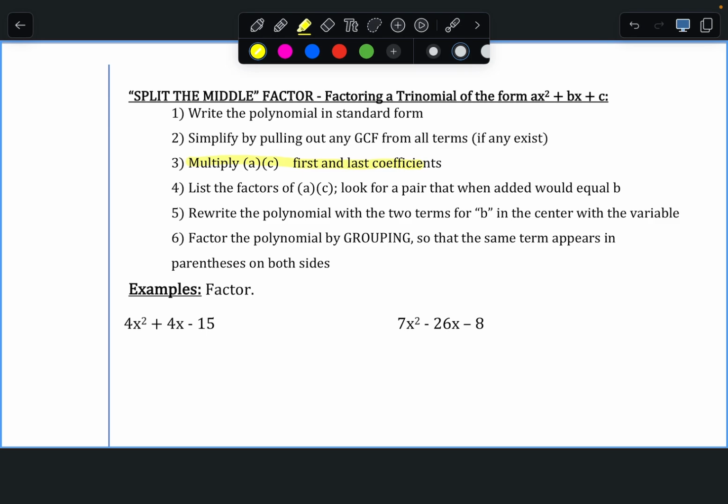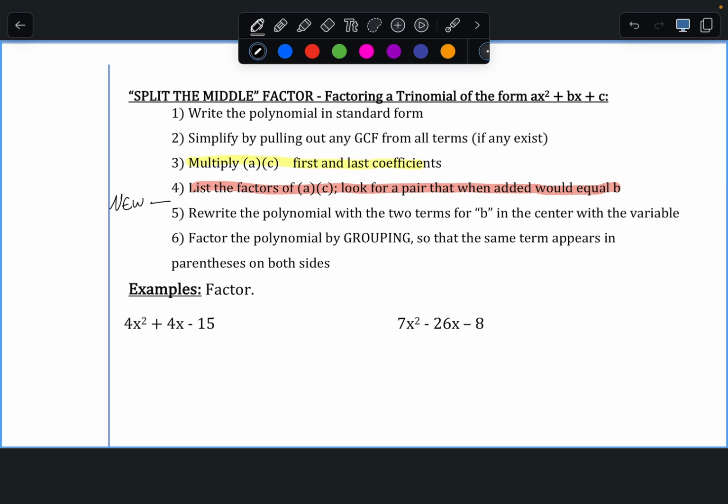And then we're still going to go ahead and set up our diamond here and find those factors of A times C. And finally, at step 5, this is where it becomes new. At this point right here, everything becomes new to us.